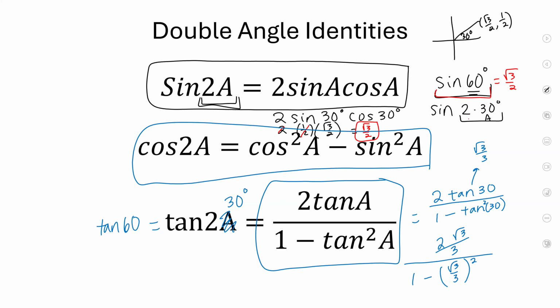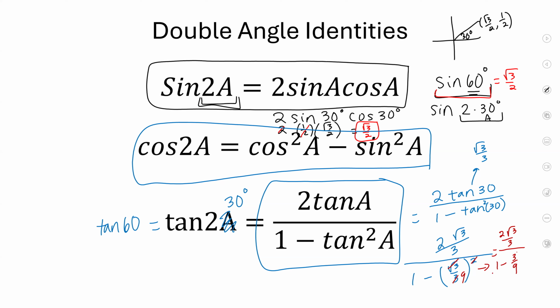Now, once I squared it, the square root will cancel out with the squared, and 3 squared becomes a 9. So what I have in the denominator is 1 minus 3 over 9. That's what we have now.